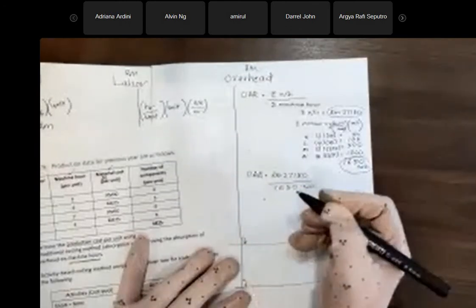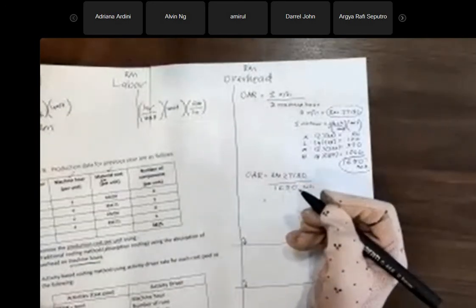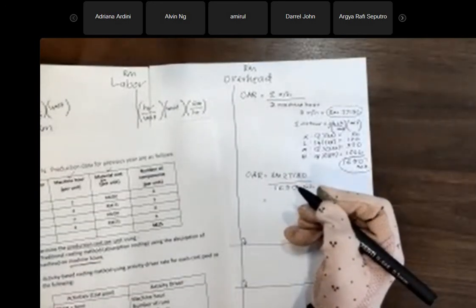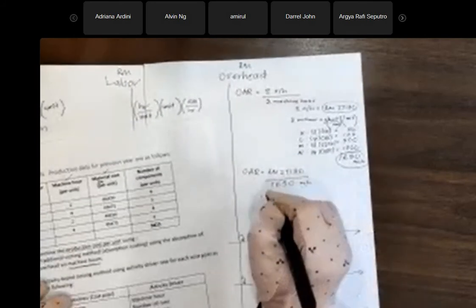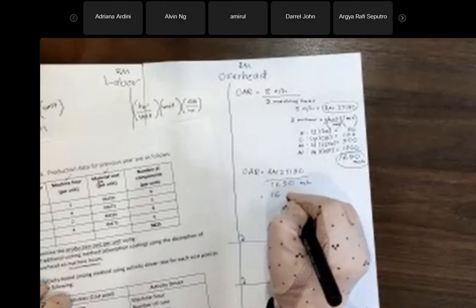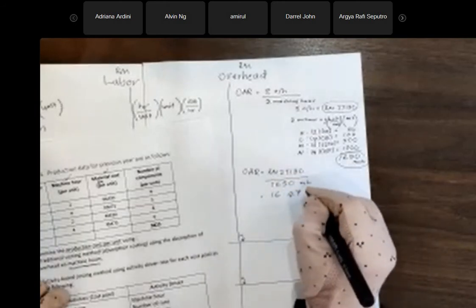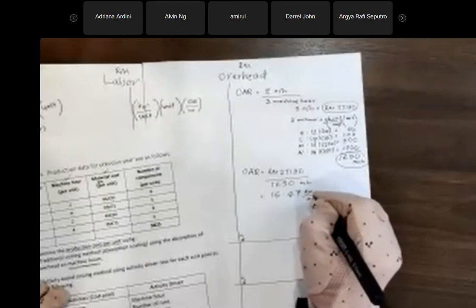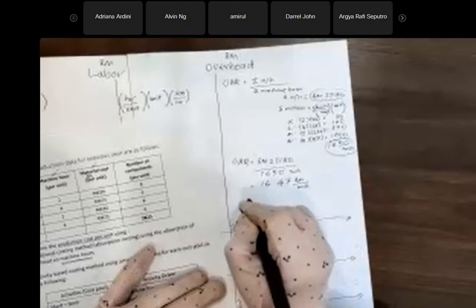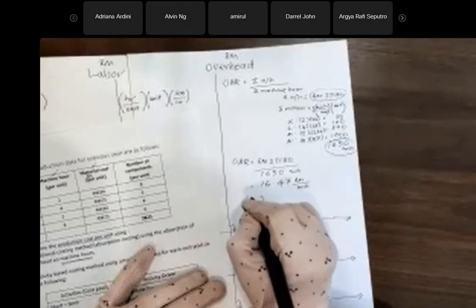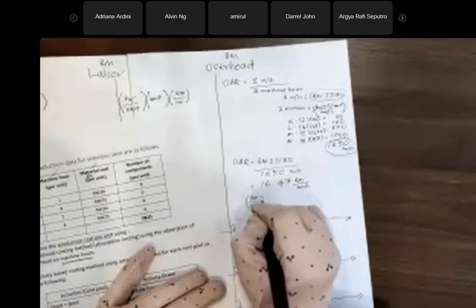So you will get 16.47 RM per machine hour. That means we want the rate in RM per machine hour.